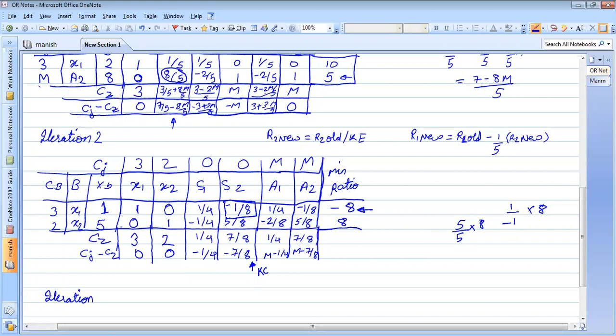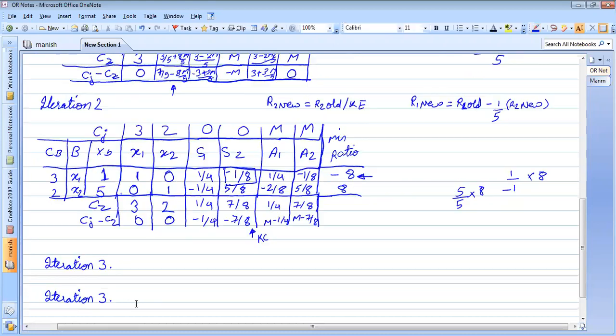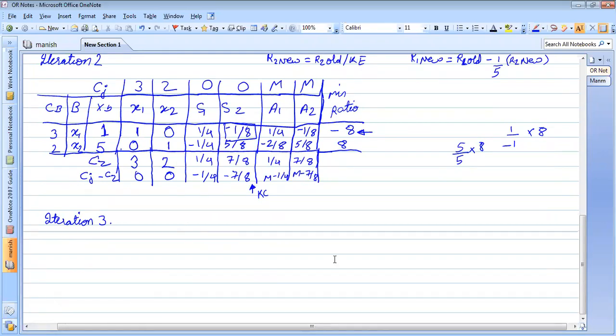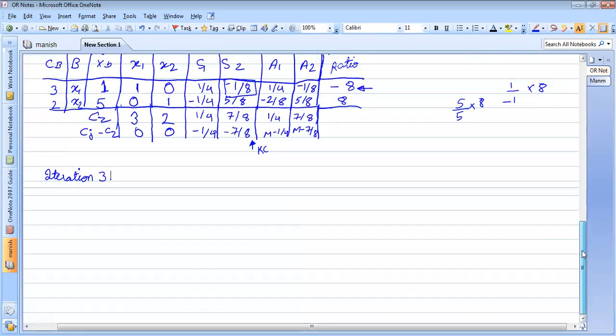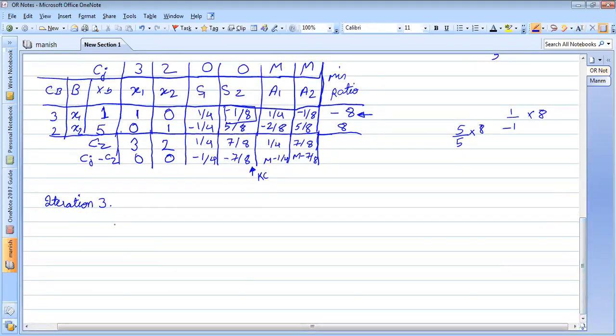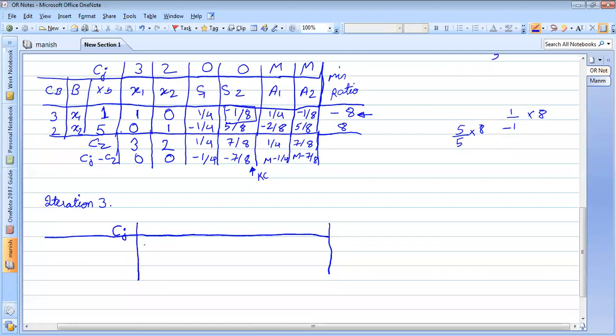Iteration 3. So if we go for iteration 3, then again it will be Cj, this will be x1, x2, s1, s2, a1, a2.